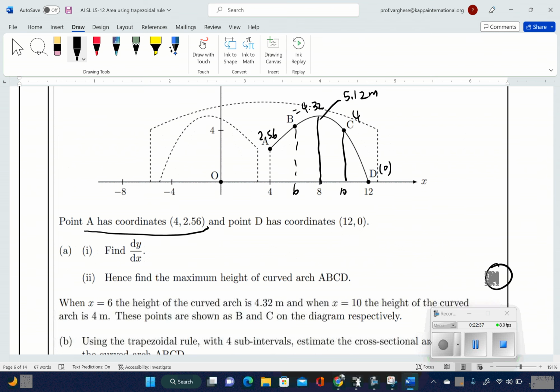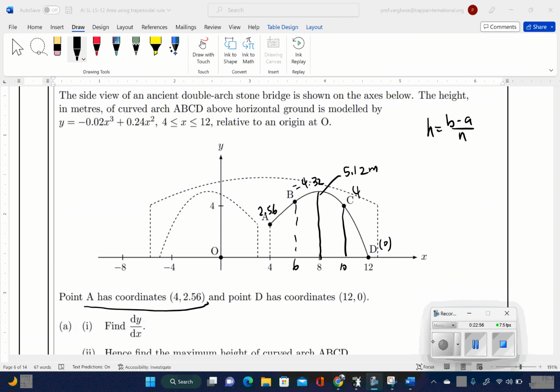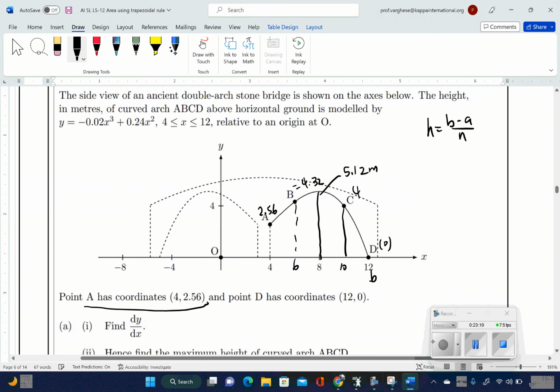So they're telling us that there are 4 trapezoids. Estimate the cross-sectional arch. So I'm going to go back to my formula for trapezoidal rule, and I'm going to look at this part right here where it says h is equal to b minus a divided by n. I said times n, but I meant divided by n. Okay, so now I'm going to go ahead and plug these numbers in. The maximum value, the b, is 12.